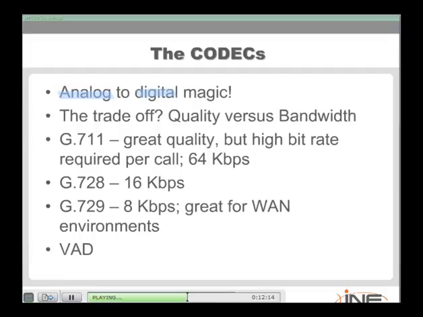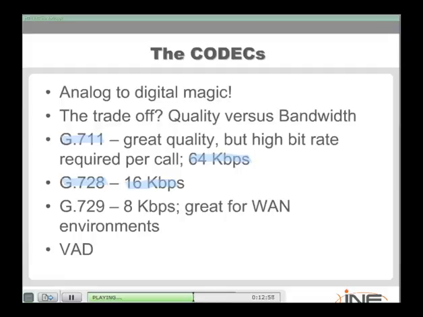For example, in a local area network where bandwidth is plentiful, we might utilize a codec called G.711. G.711 has just awesome quality, but it requires a pretty staggeringly high 64K per call. Sure enough, the great high quality that G.711 gives us comes at a cost of higher bandwidth needs. G.728 comes out to about 16K per call.